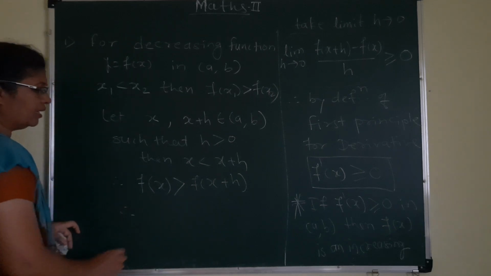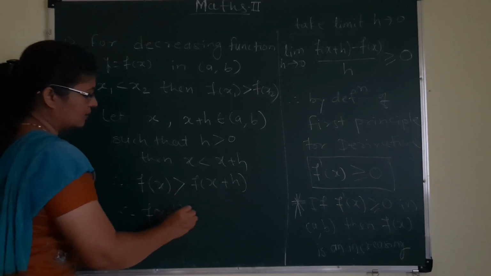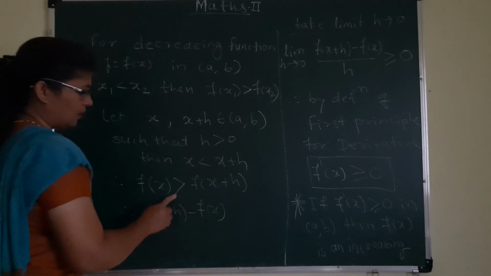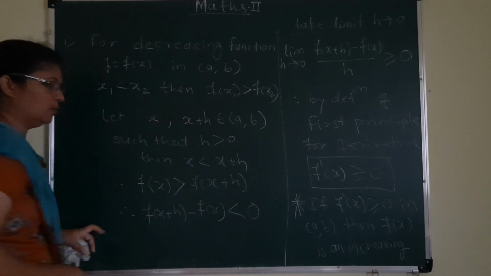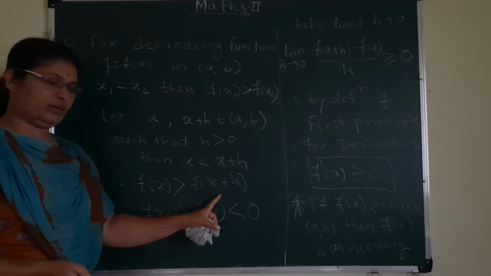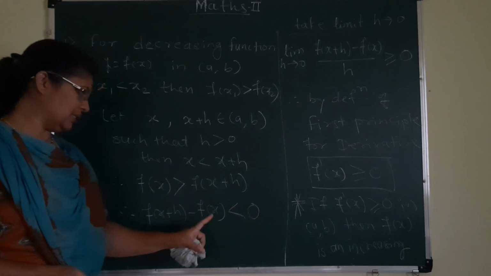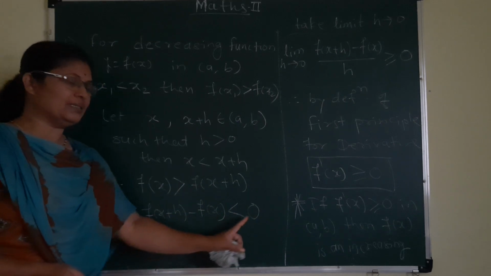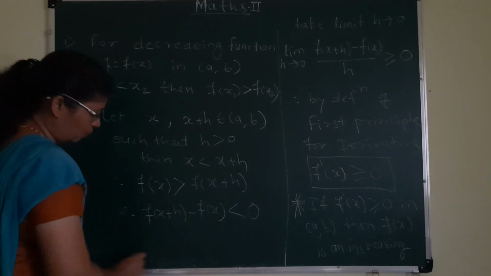Therefore, what will I get here? f of x plus h minus f of x is less than 0. Look at this, this term is taken here and 0 is greater than this one, means this term is less than 0. Again the same process, divide by h on both sides.